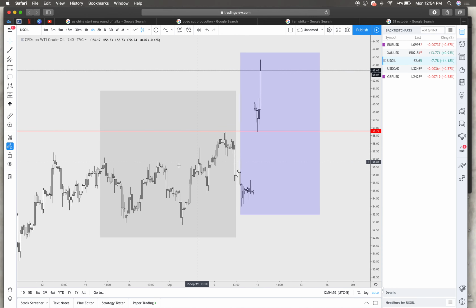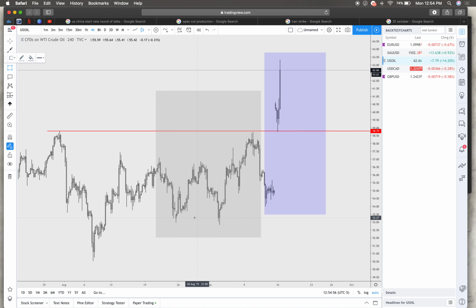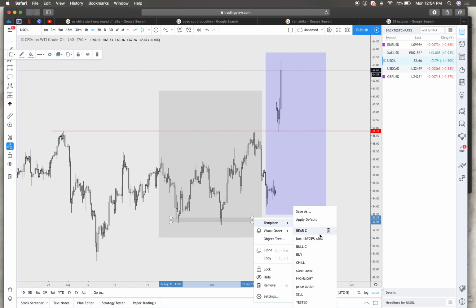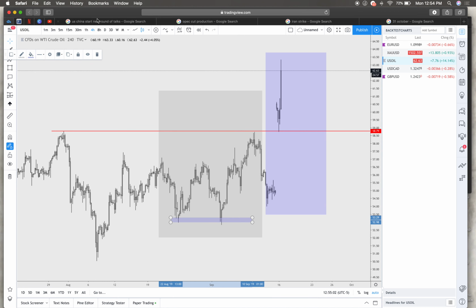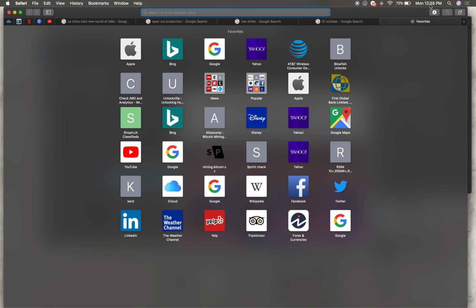So all along this highlighted region right here was basically, on a technical standpoint, you could see demand along this region. But from a fundamental standpoint, you had OPEC production cuts. Now, OPEC is a group of countries that produce oil. Let me check what's the exact meaning for OPEC again.